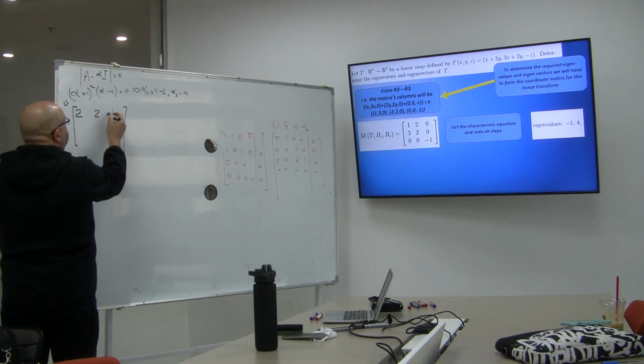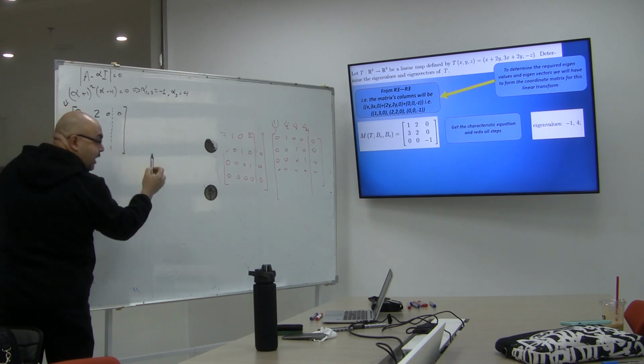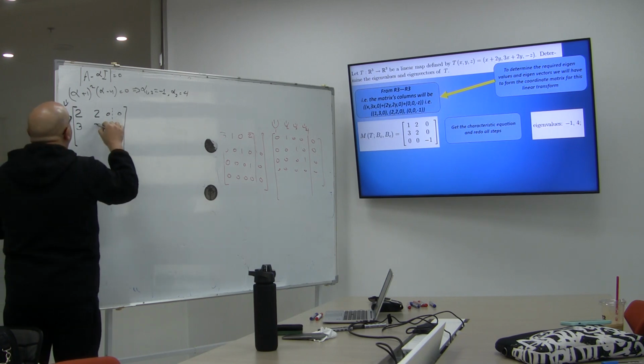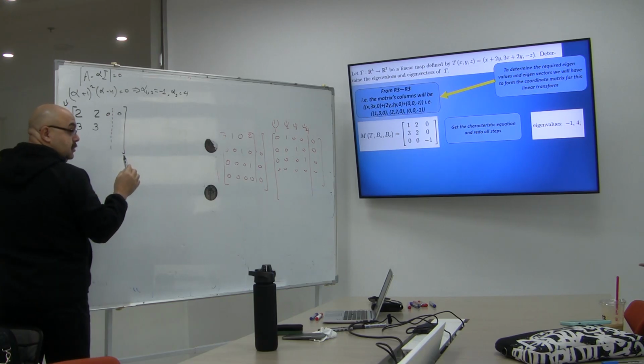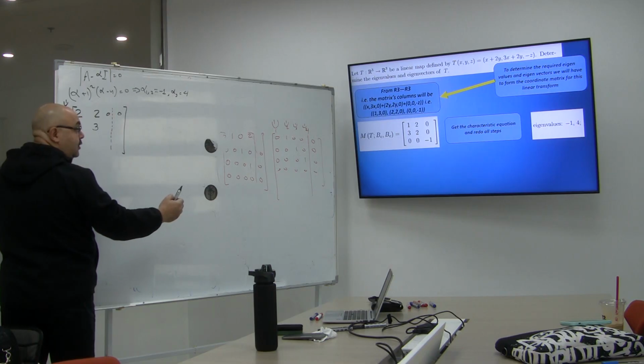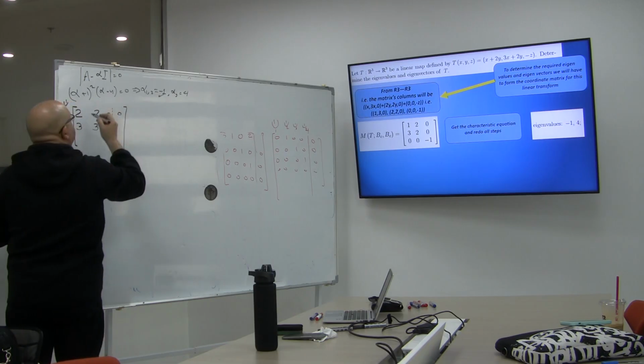Then I will have 2, 0, and 0. Go for the second row. It's going to be a 3. Then 2 minus negative 1, it's going to come up to positive 3. Plus plus? Yes. 2 minus negative 1. So the first eigenvalue is negative 1.